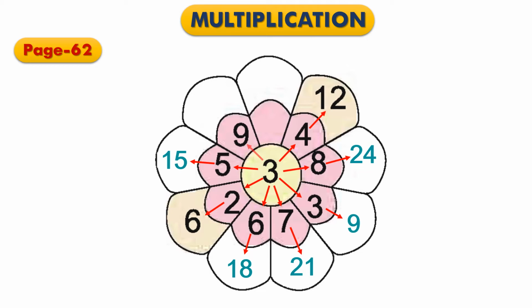The next is 9, so we multiply 3 by 9. We know 3 multiplied by 9 is 27, so we will input 27 into that blank box.